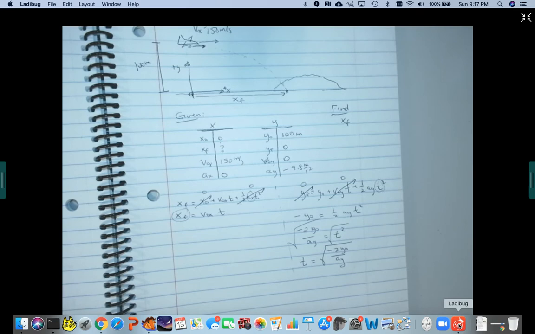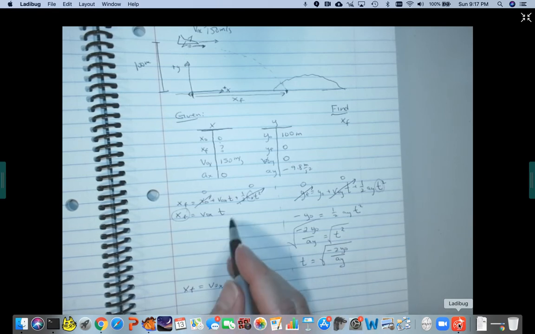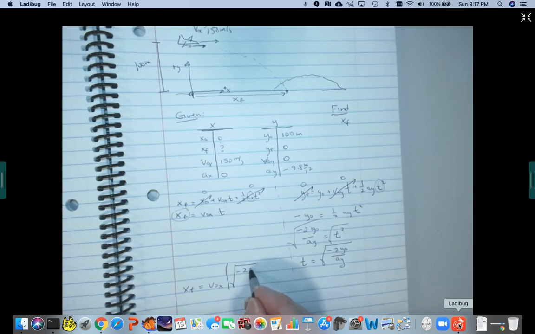Now, we could solve for that right now, or we could just keep going with our algebra because algebra is so much fun. I could just say x final is v0x and plug my time term in: the square root of minus 2 y0 over ay. And now I just have one equation to plug into.